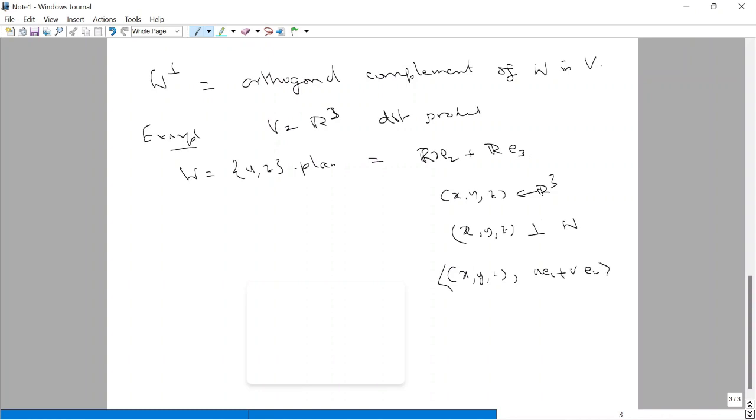Okay, u and v are scalars, not vectors now.